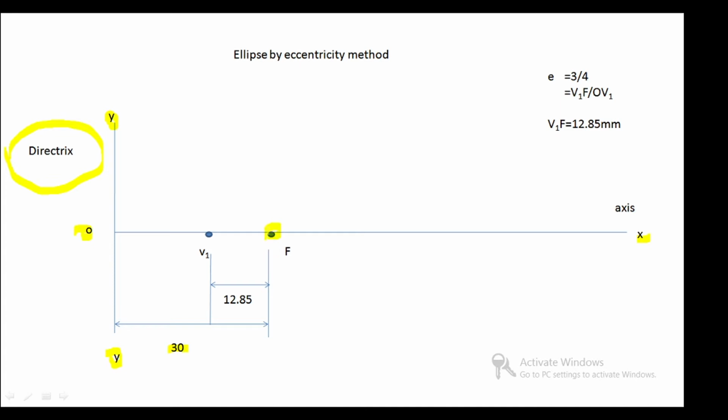Then we have to calculate the vertex point. Here the eccentricity value is 3/4, so 3 plus 4, the total value is 7.